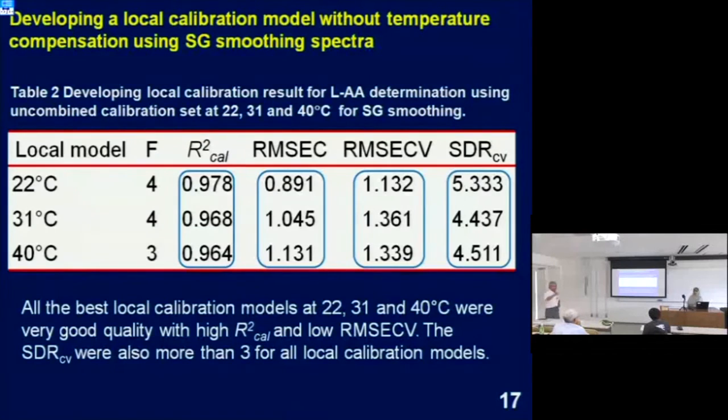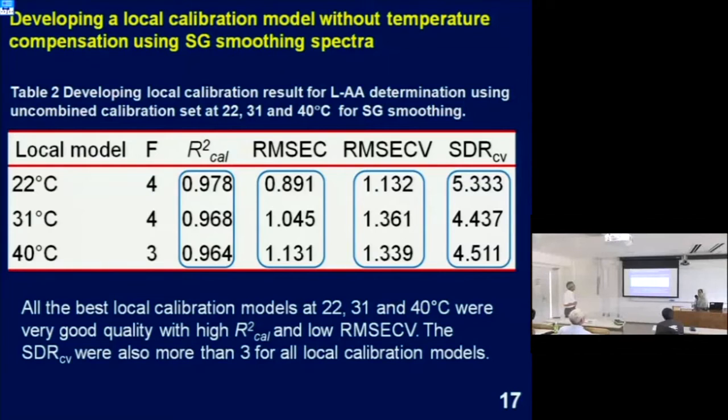Okay. Maybe if you mention SD, not SD, SG. I think SG is always good. So I think it's better that first you mention what SG is. You said local calibration. When you say local, it means only one temperature.